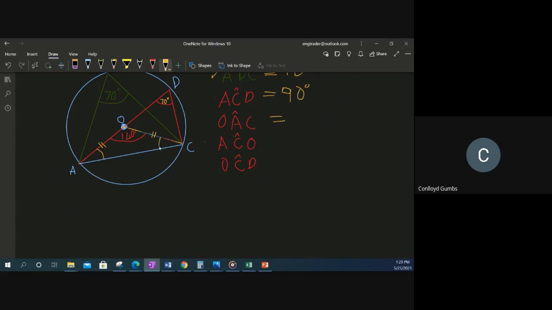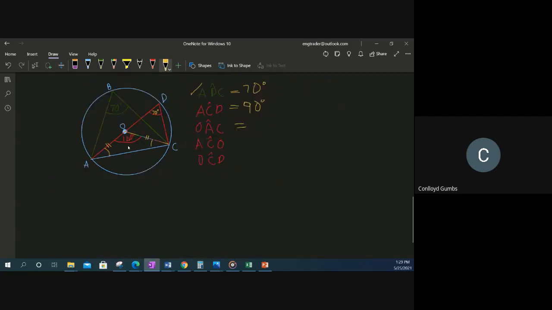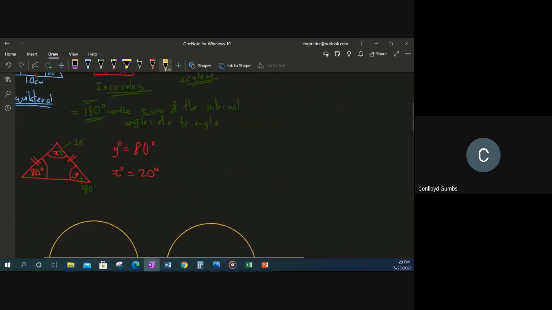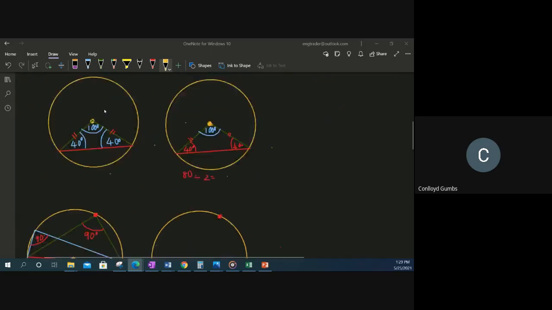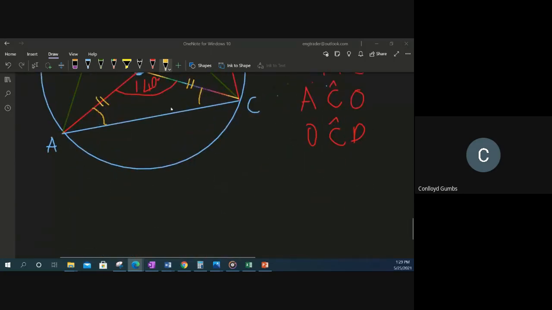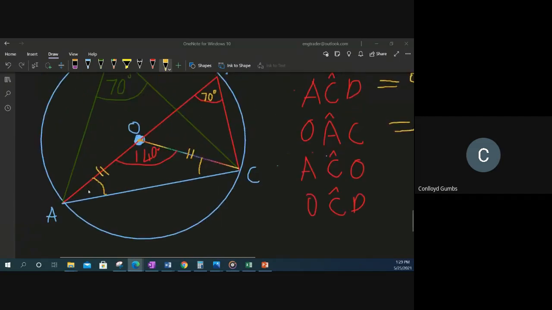So that means if this here is 140, the angles in here need to add up to 40. How do I know that? 140 plus 40 is 180. Where do I get that from? We know that the sum of the internal angles of a triangle has to add up to 180. So 140 plus this must be 180. And since two of these angles are equal, they have to split the other 40 in half.